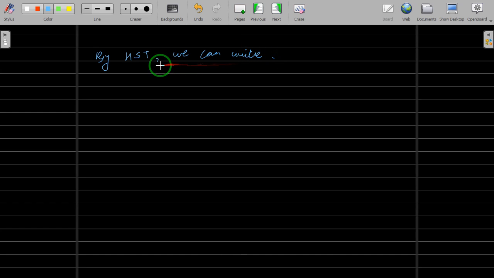Now remember, we assume that we know the eigenvalues and eigenfunctions.